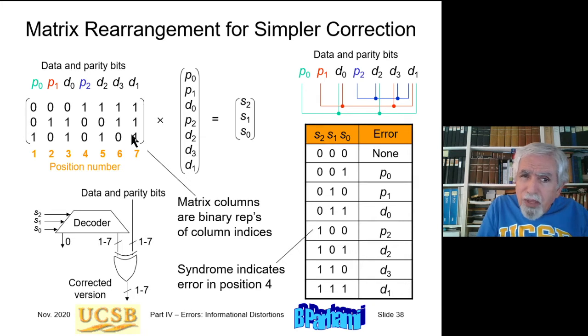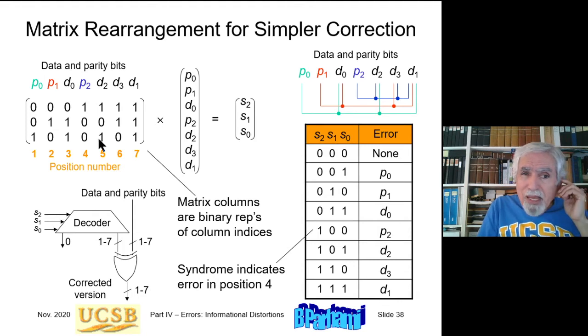So this is a rearrangement of the original parity check matrix, and the rearrangement is shown here. I should rearrange these bits also accordingly: P0, P1, D0, P2, D2, D3, D1. It still gives me the same syndromes.